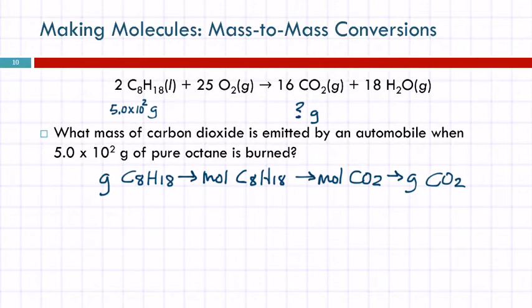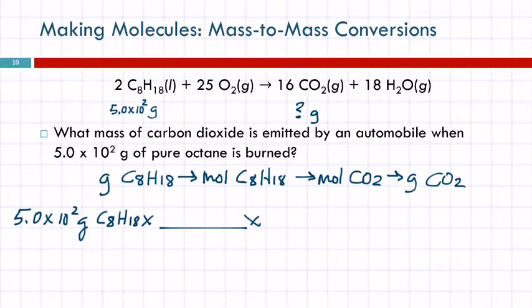Once we have this path laid out, it should all just fall into place. I have 5.0 times 10 to the 2 grams. It's important to write grams of what? Grams of octane, C8H18. I've got 3 arrows.